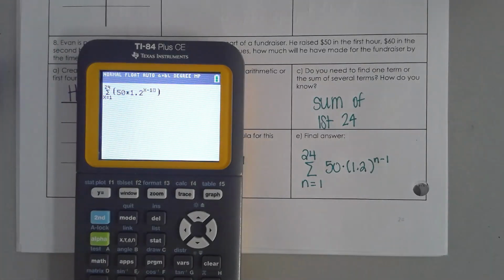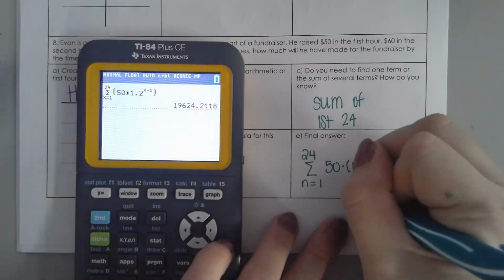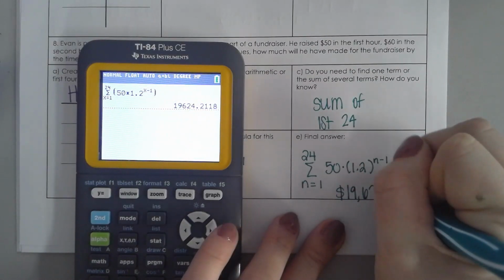If you had not used sigma, you would have been finding out the amount of money that he added to the box in that last hour. So just in the 24th hour. And we get 19,000.